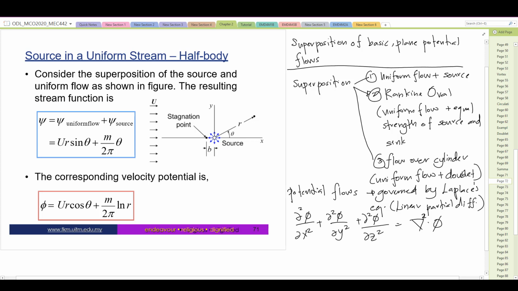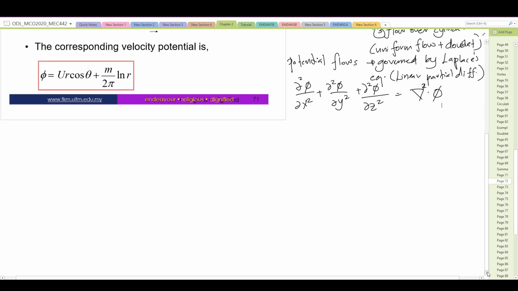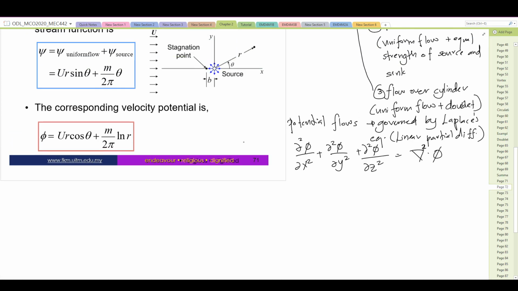And then just recall the stream function. Let's say we have stream function 1, stream function 2, and stream function 3. Of course you will have streamline 1 and streamline 3.